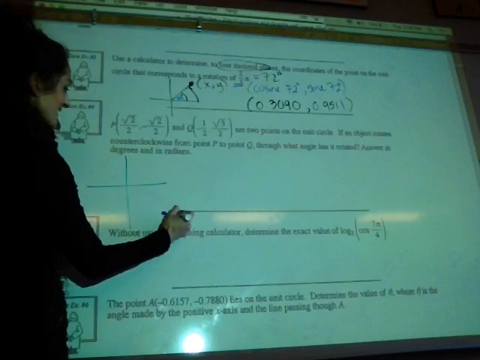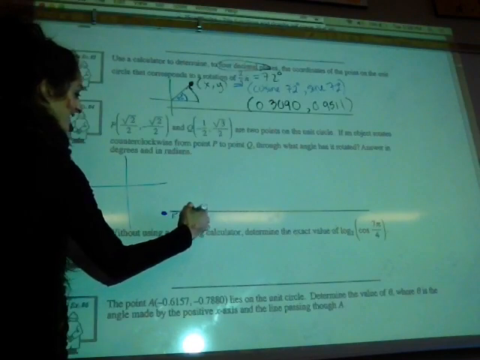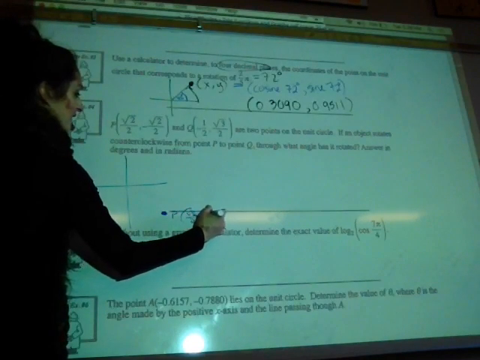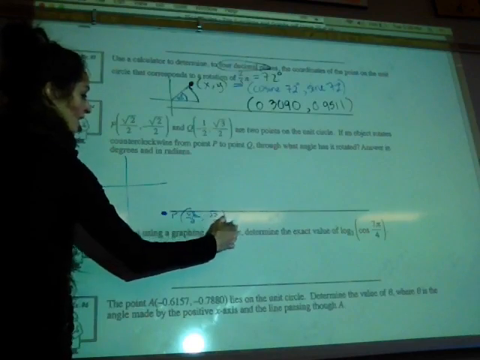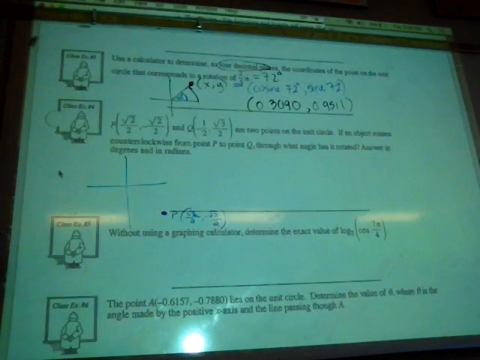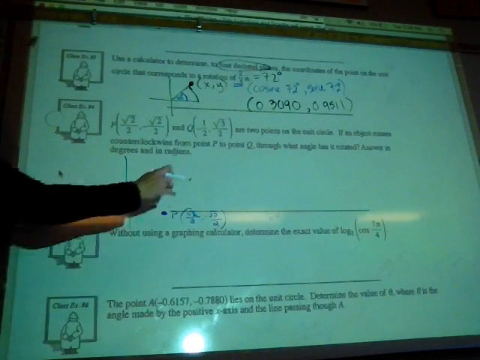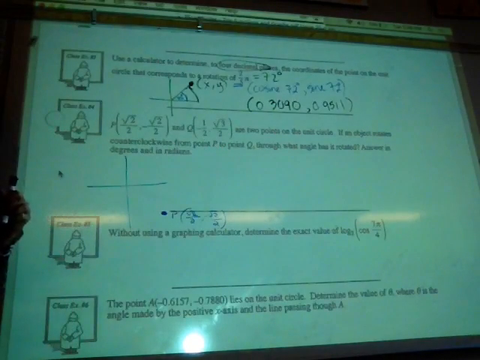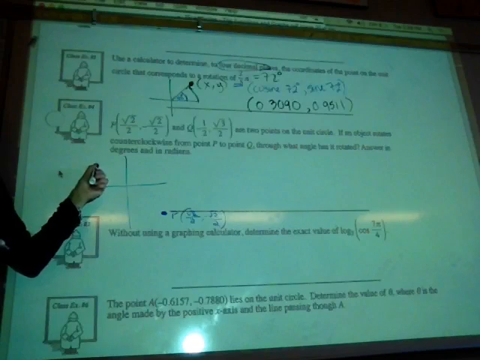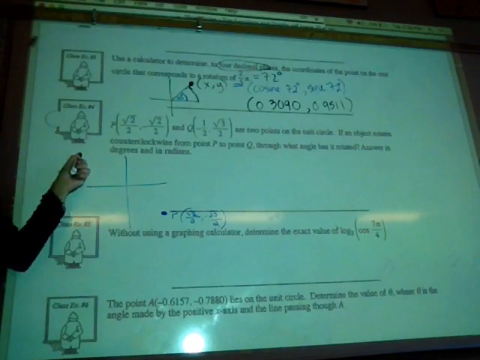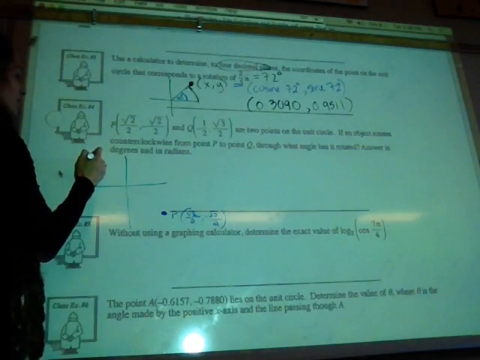You're quick, Joe. Okay, and point Q has a negative x and a positive y. Is that 3 or is that 2? That's 2. Quadrant 2. Okay, x will be negative, y is going up to positive. So Q will be here.